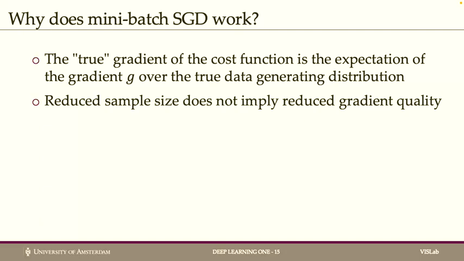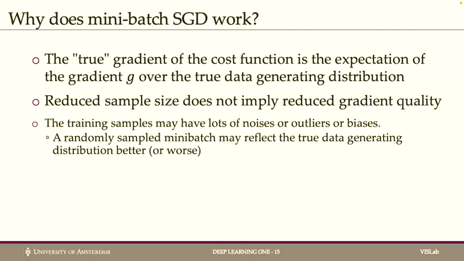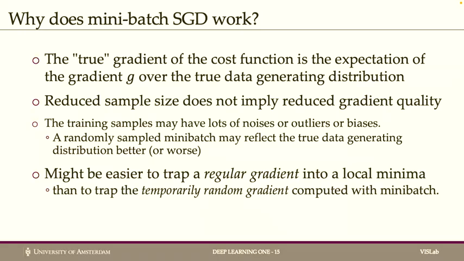Another reason is that the training samples might have lots of noise and outliers themselves. Sometimes if you select a random mini batch, it might not contain this noisy sample, while if you always take the whole data set, you will always have it.